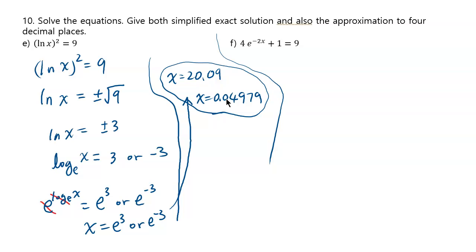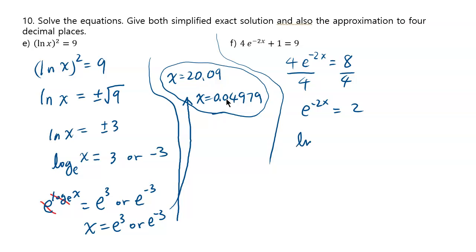Okay, F, well, this is the x that we need to figure out. And here's the x, so I have to isolate x. So 1 has to go, so subtract 1 from both sides. 9 minus 1 is 8. And then you need 4 to go, so divide both sides by 4. So that gives you e to the negative 2x equals 2. How do you get rid of e?